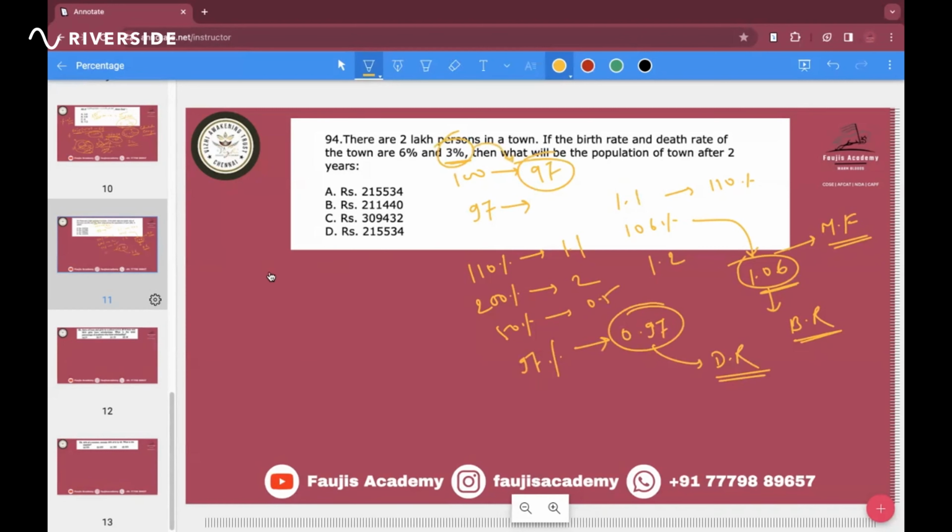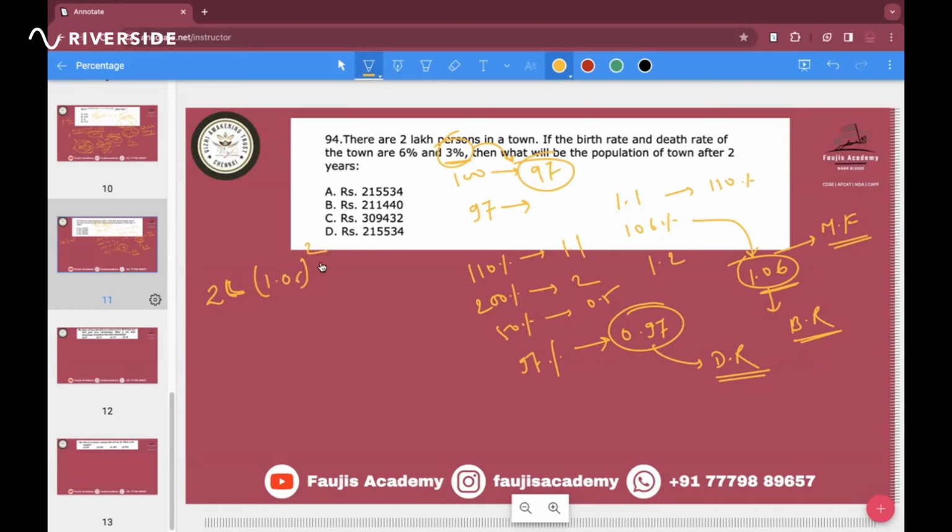So now the population of the town is 2 lakh, multiplied by 1.06. This is the birth rate. For how many years? 2 years.